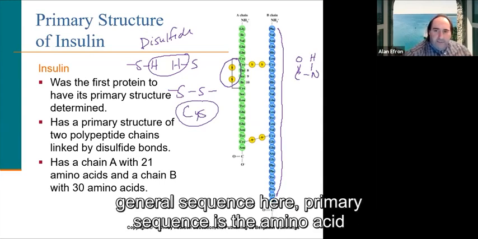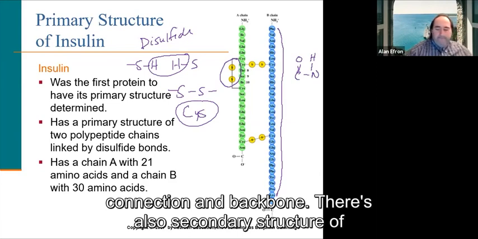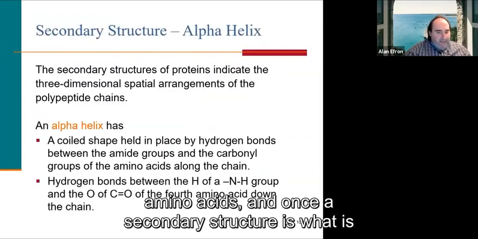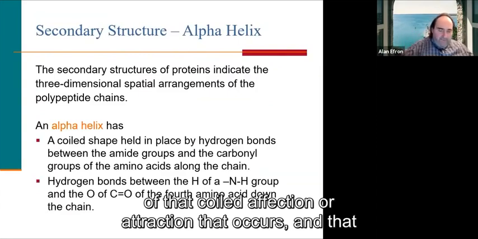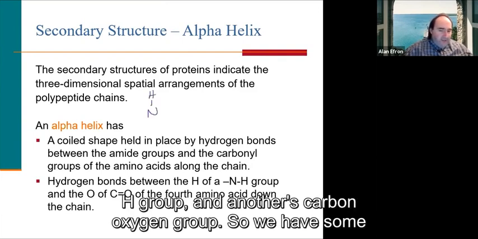So general sequence here, primary sequence is the amino acid connection and backbone. There's also secondary structure of amino acids, and one such secondary structure is what is referred to as the alpha helix. Alpha helix, like DNA, is sort of that coiled affection or attraction that occurs, and that is the result of hydrogen bonding happening on one amino acid's NH group and another's carbon oxygen group.